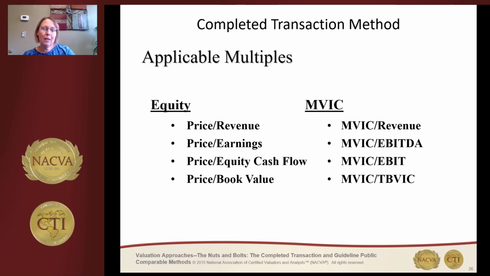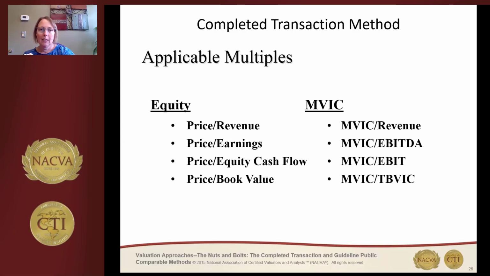And where do we get these transaction databases? You go to NACVA, you can get BV databases, you can apply for subscriptions. So that is something that you do outside of the valuation. If you're using software or Excel, you'll apply to actual databases to get this information.